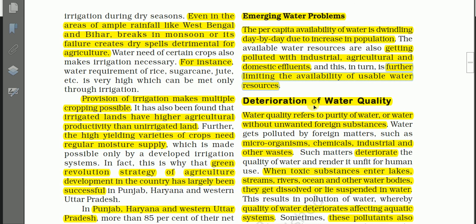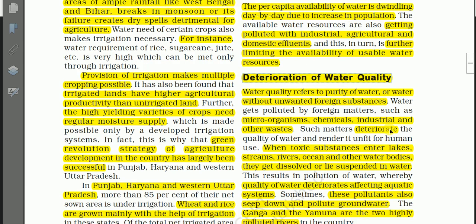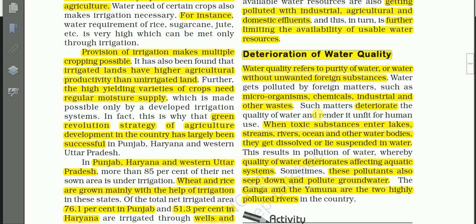Next, we have deterioration of water quality. So what do we mean by water quality? Water quality refers to the purity of water, or water without unwanted foreign substances.